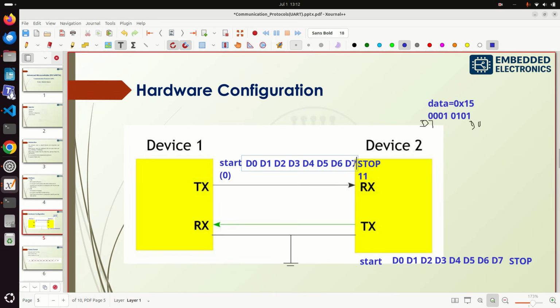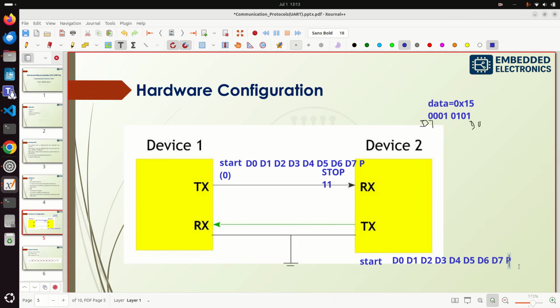So after sending this D7, we have one parity bit. Sorry, there is no space, that's why I am writing the stop bit here. So after the D7 we have the parity bit.